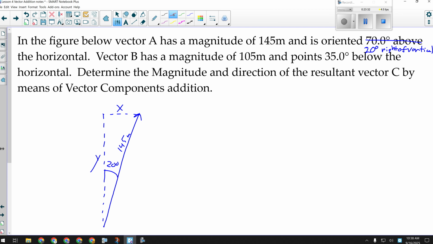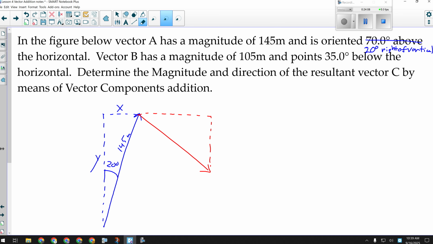Vector b is 105 meters, 35 degrees below the horizontal. So I need a reference line that's horizontal, and I'm going to go 35 degrees below that. That might be a little bit long, so I'm going to shorten it just a little bit. That's just where you want to check your scale as you're going along, and make sure it's at least approximate.